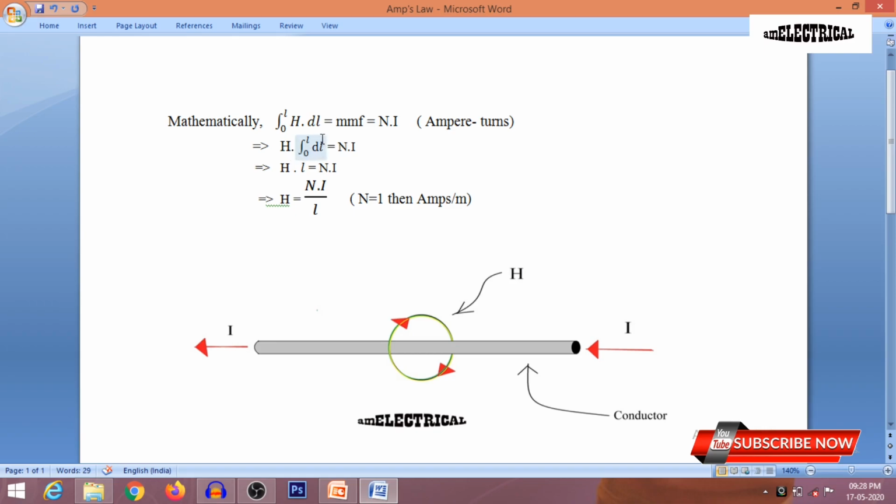So we will integrate the small length dl from 0 to L. This integration will result in L. That means it will be H dot L equal to N multiplied by I. The overall formula is H equal to NI by L. If N equal to 1, as we have shown only one conductor, then it will be H equal to I by L, that is ampere per meter.